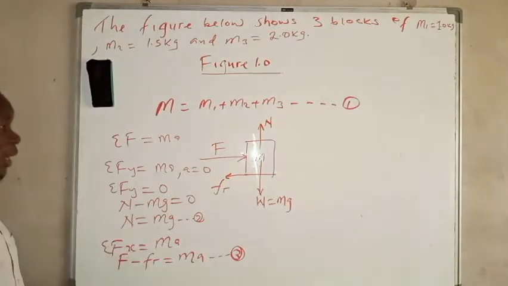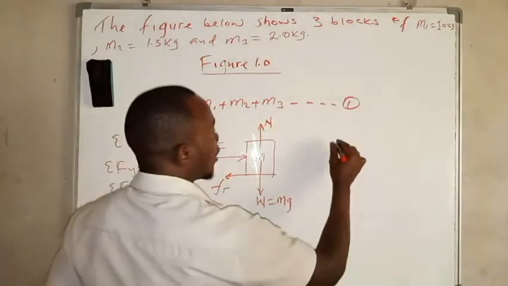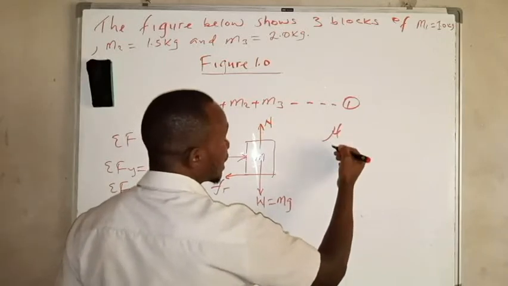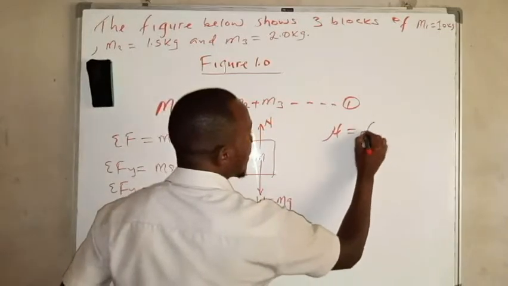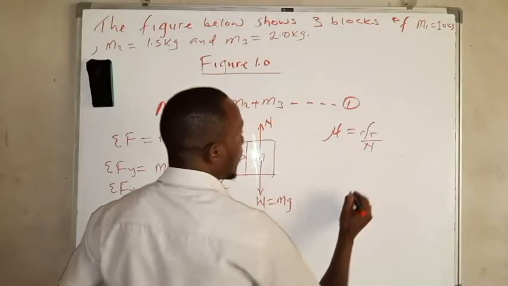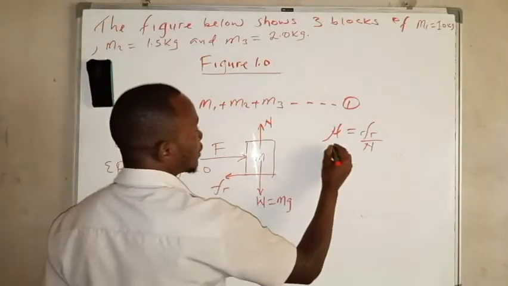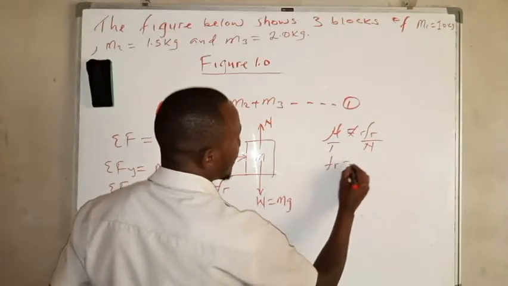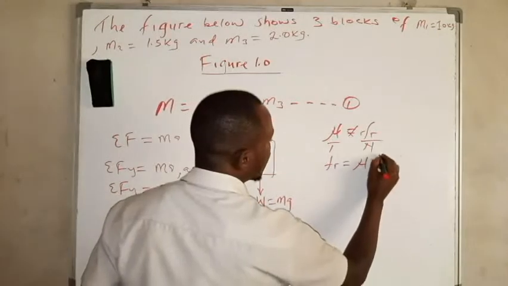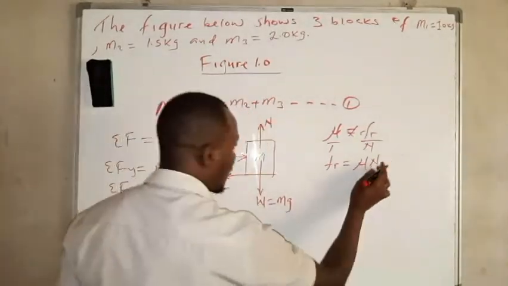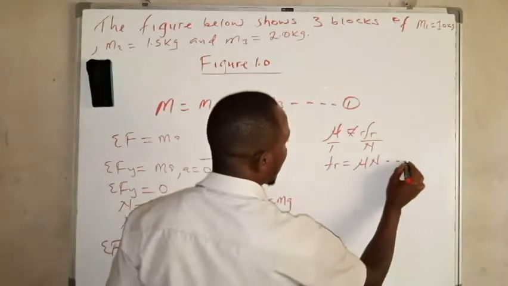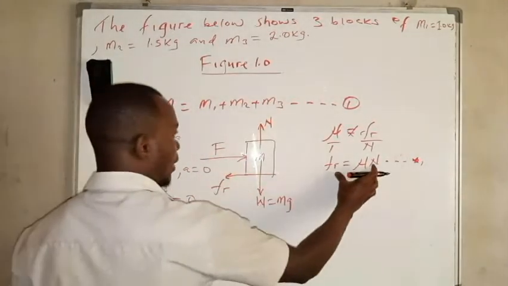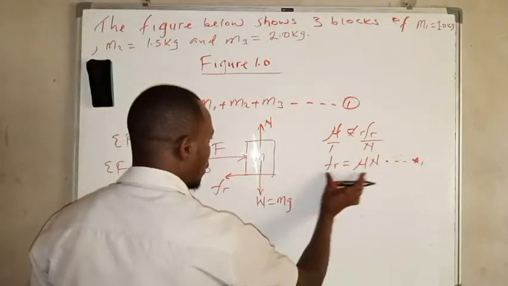We also know that the coefficient of friction, mu, is given by the friction force over the normal force. If we make the friction force the subject of the formula, the friction force is going to be mu N. Let's call this asterisk 1.